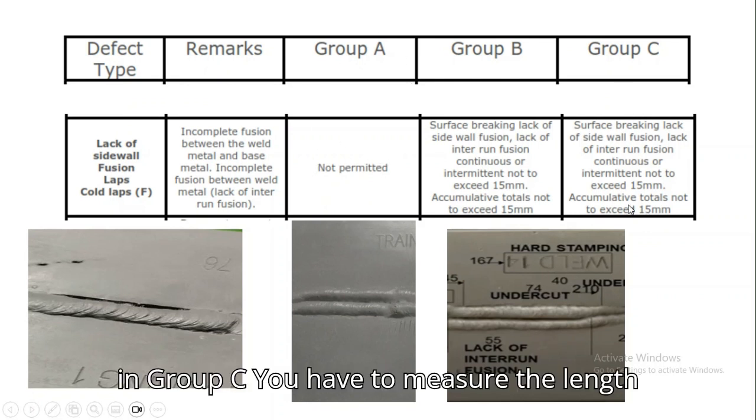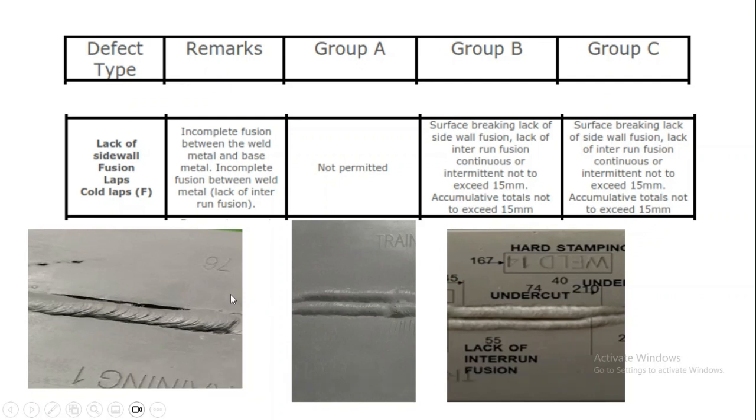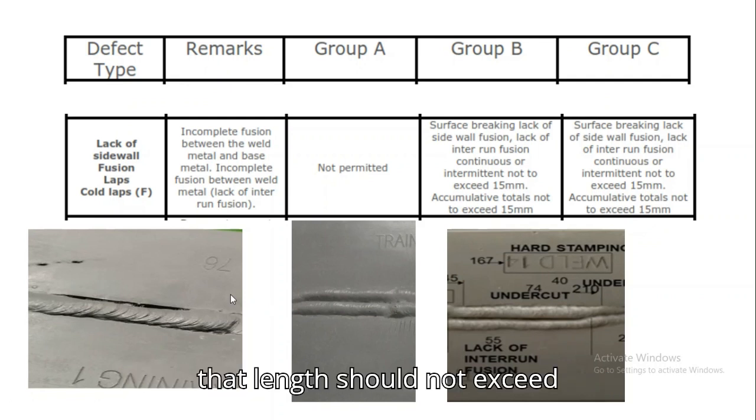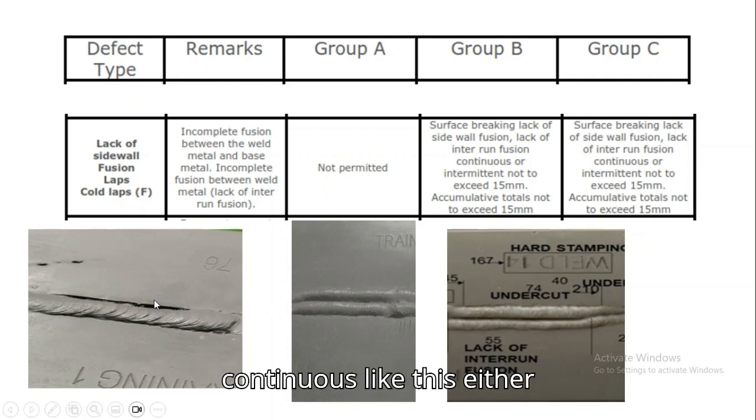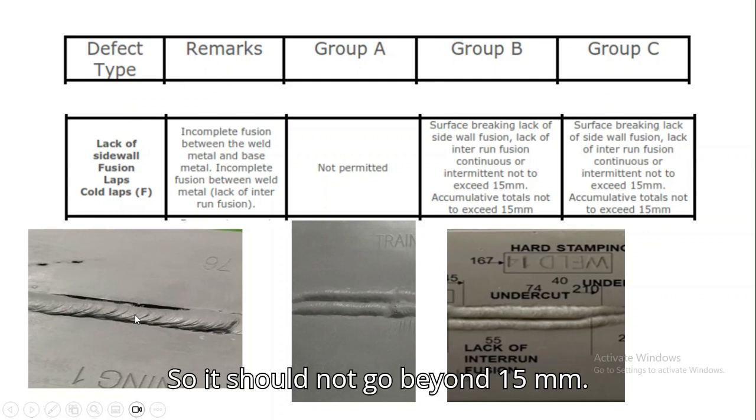In group C, you have to measure the length. That length should not exceed 15 mm, either continuous or intermittent. So it should not go beyond 15 mm.